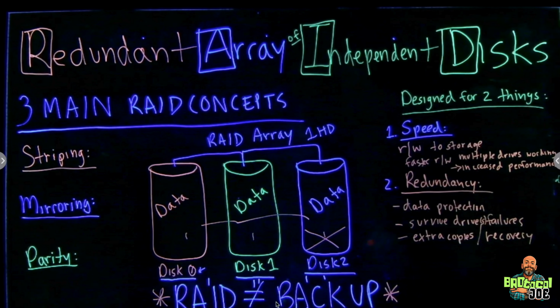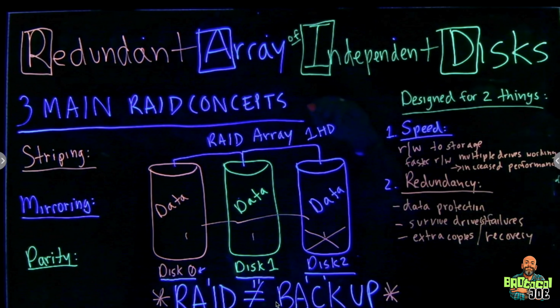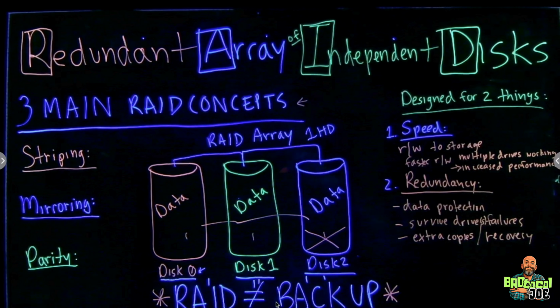So we have speed and we have redundancy. Now the three core RAID concepts: we have striping, we have mirroring, and we have parity.